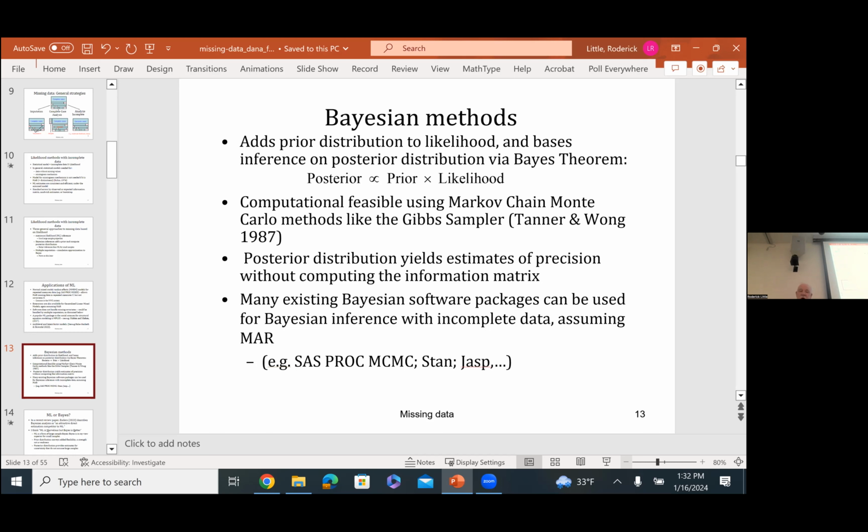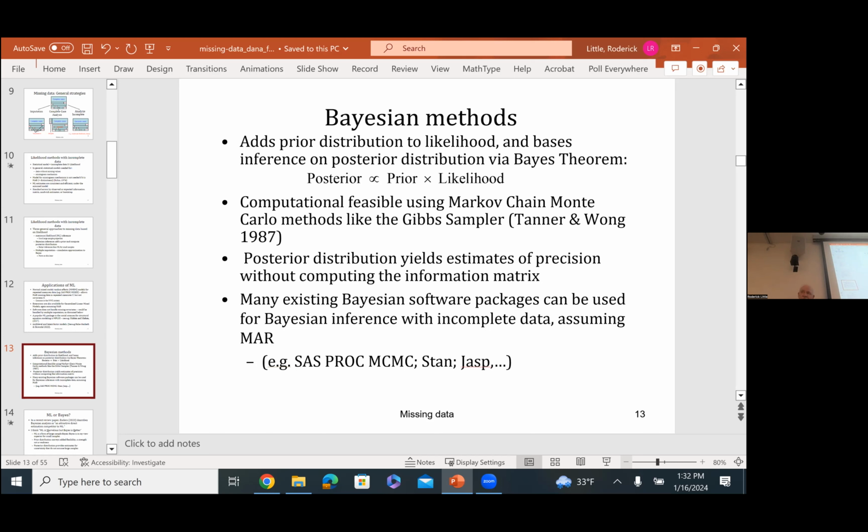The posterior distribution yields estimates of precision without computing the information matrix, but is also potentially better for small samples, because maximum likelihood assumes essentially large samples. So maximum likelihood is really a large sample method, whereas adding a prior distribution can give you better estimates of uncertainty when you have small or moderate samples.